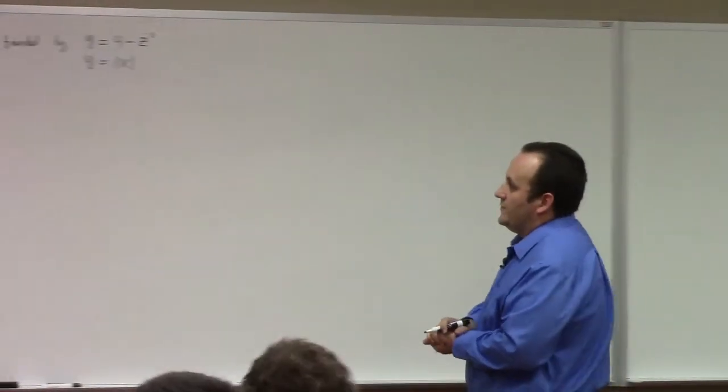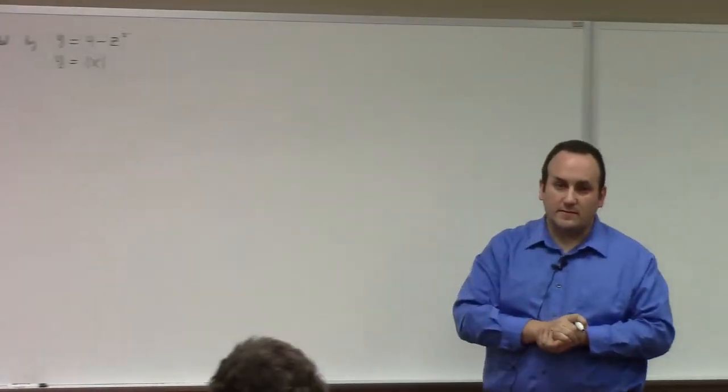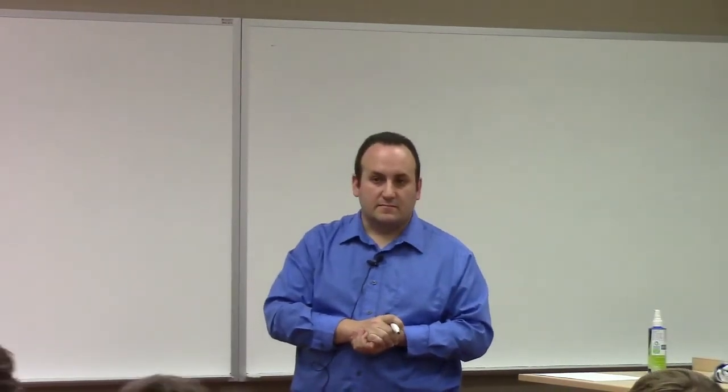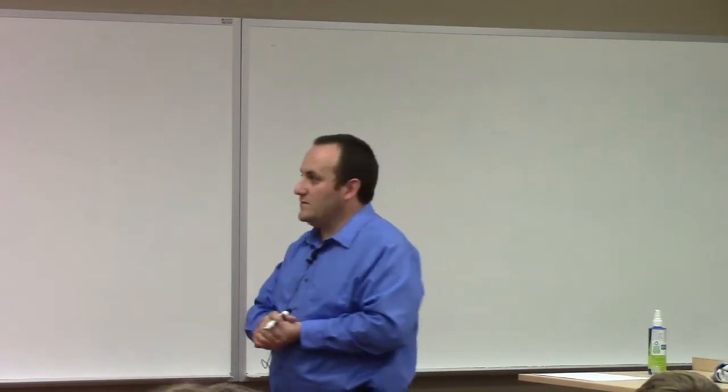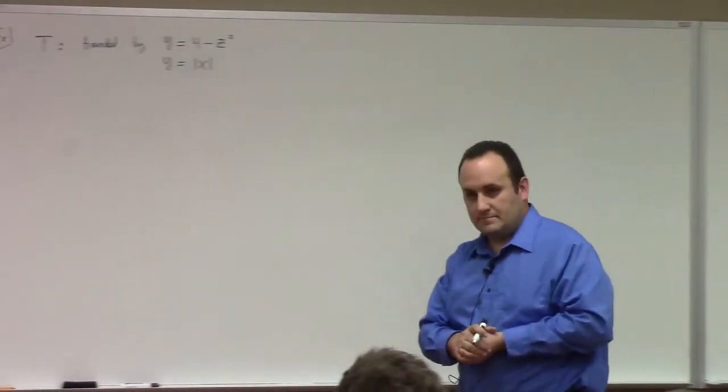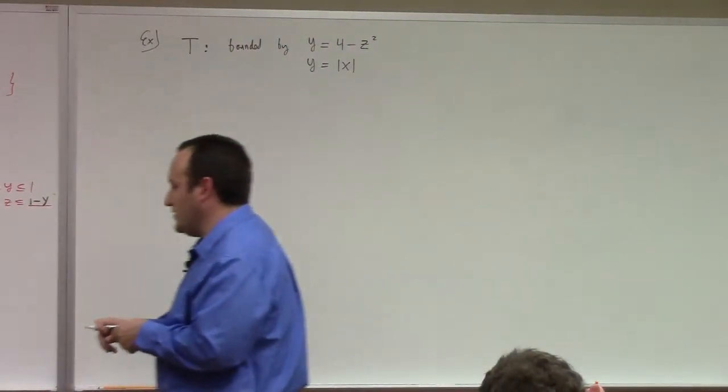So I want to understand what is this shape and how do you calculate its volume? All right. Now, if we understand how to calculate its volume, we can easily calculate volume integrals with respect to this shape as well. So how do you understand what this looks like? What do you do?